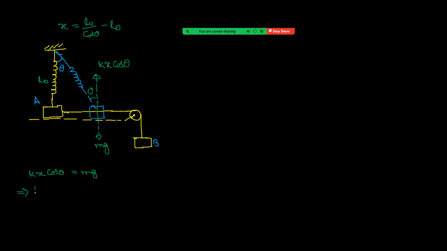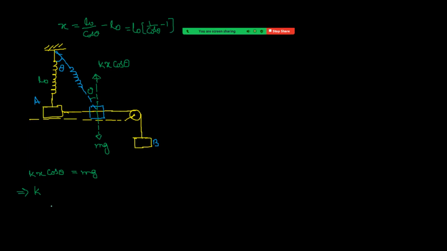See what we get. K into, now in the place of x, and the cos is there. So it becomes, now you can take L naught common, L naught into 1 by cos theta minus 1.